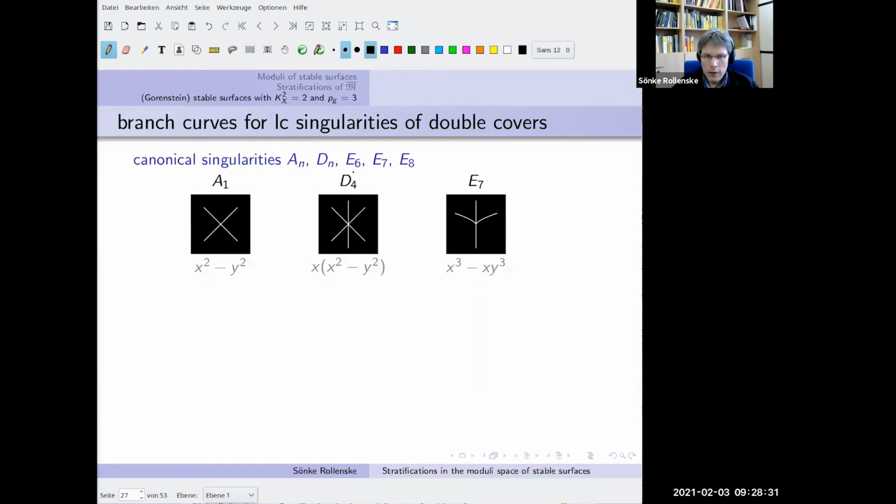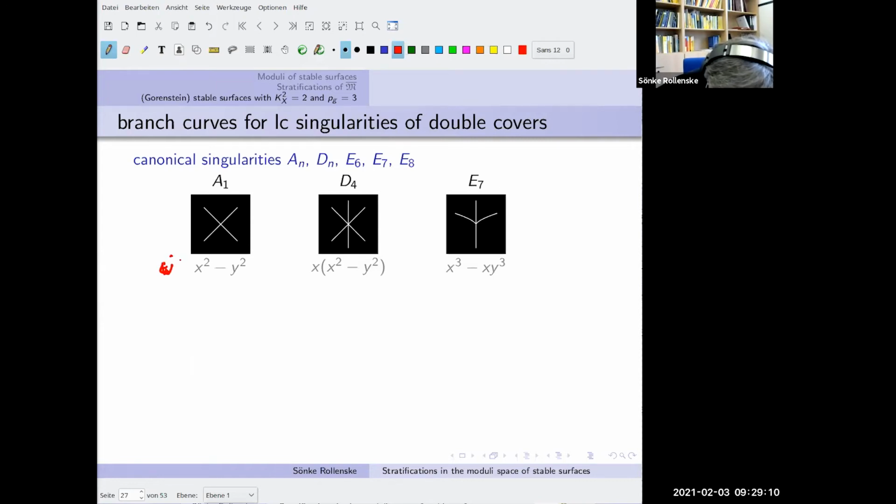Okay, so let's look at some double covers and see what kind of singularities of the branch curve. By the Jacobi criterion, the double cover is smooth if and only if the branch curve is smooth. So let's look at singularities of the branch curve to see what kind of singularities they induce on the surface. Here you have the canonical singularities, and just for completeness, recall that by the slide before, if I want to get the surface singularity, I have to add t squared.